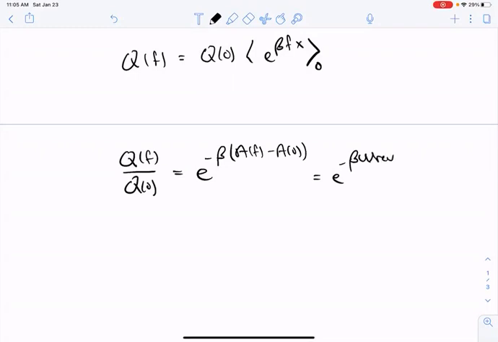In this case, it's the reversible work to turn on that force, to apply the force to our particle. And we have an explicit expression in this average.